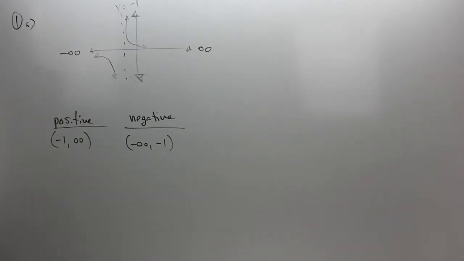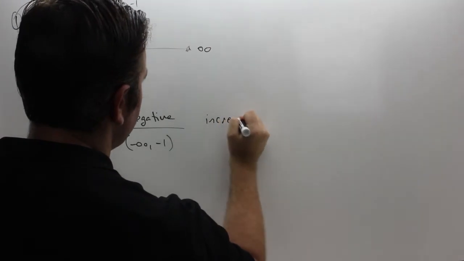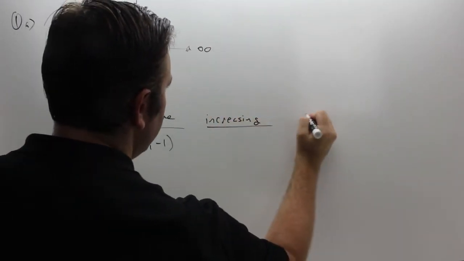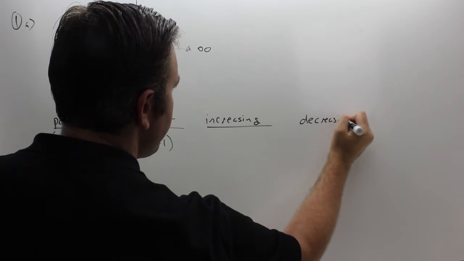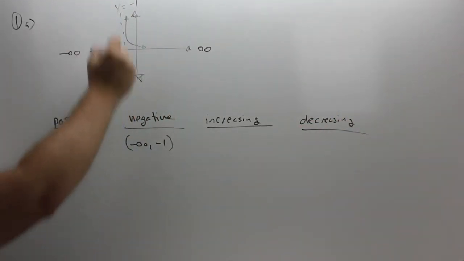Okay, this function here, so the increasing decreasing thing, it just means as we move rightwards, are we going up or down? So as we move rightwards, is there any time for this graph where it's moving upwards? No. It's going down here and it's going down there.